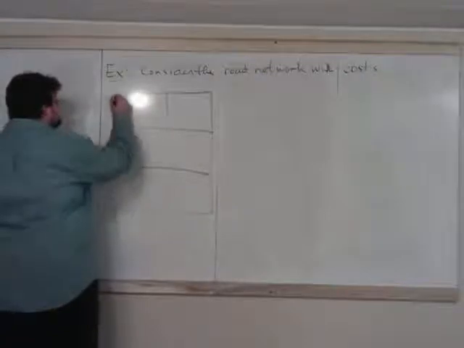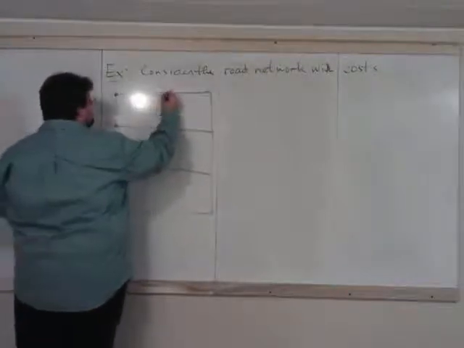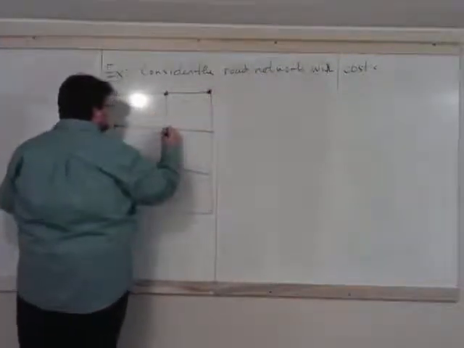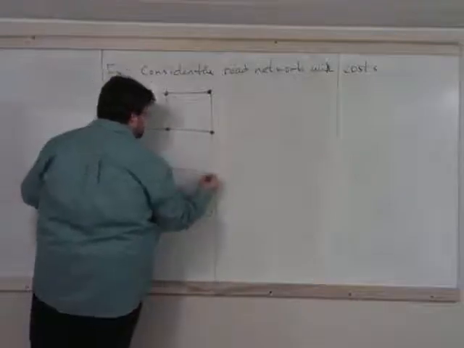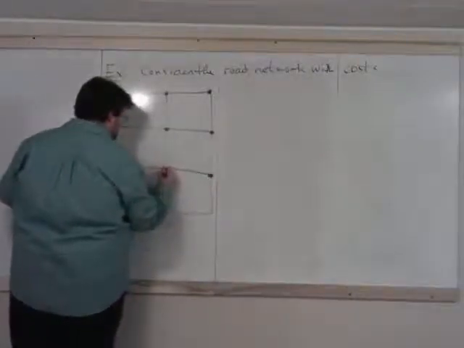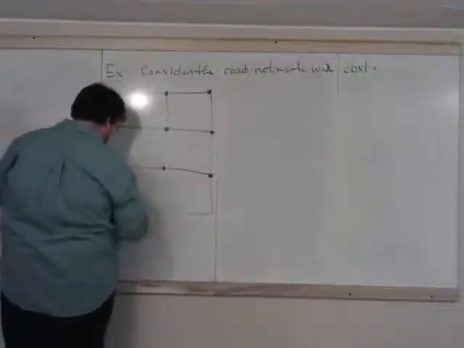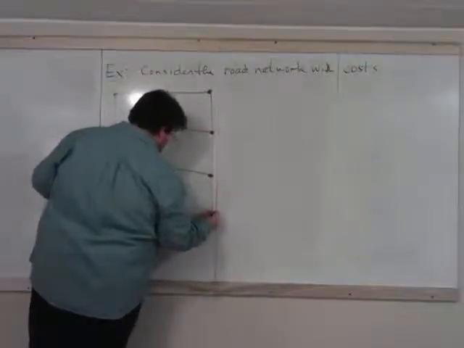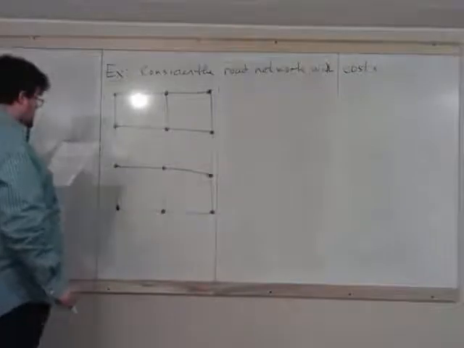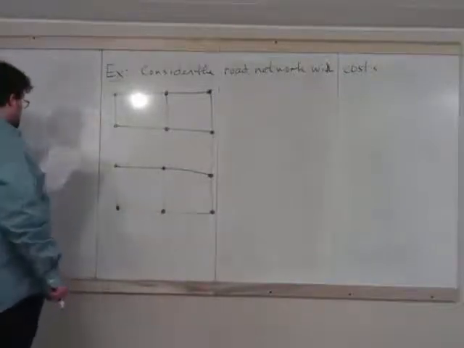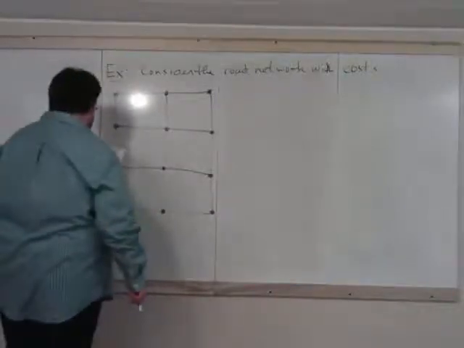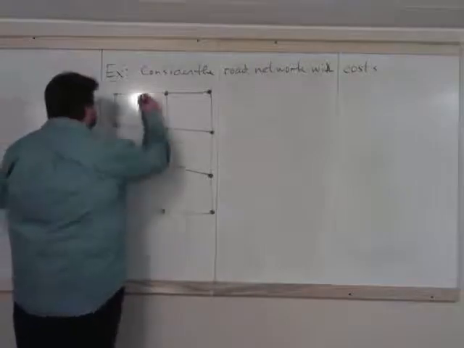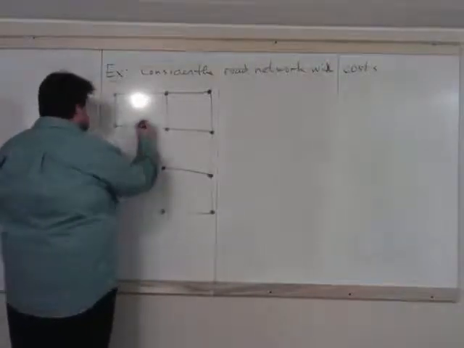Every one of these is going to be some place to get to. I'm not going to label them with letters because that won't be necessary, let's say. That's a better word for that.